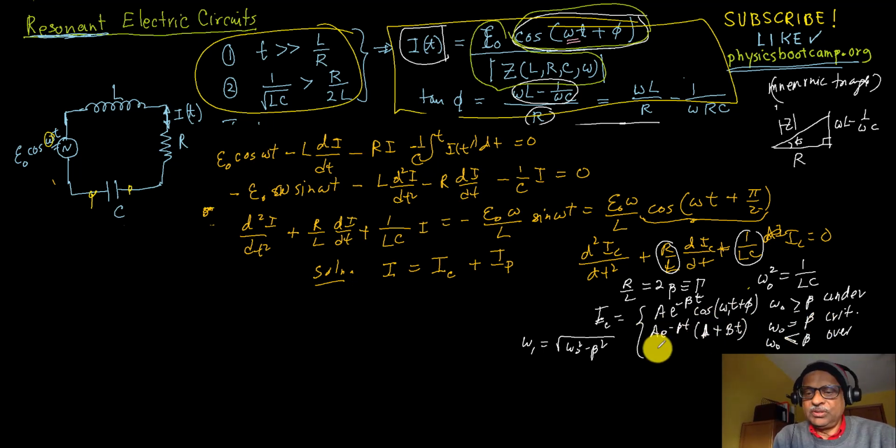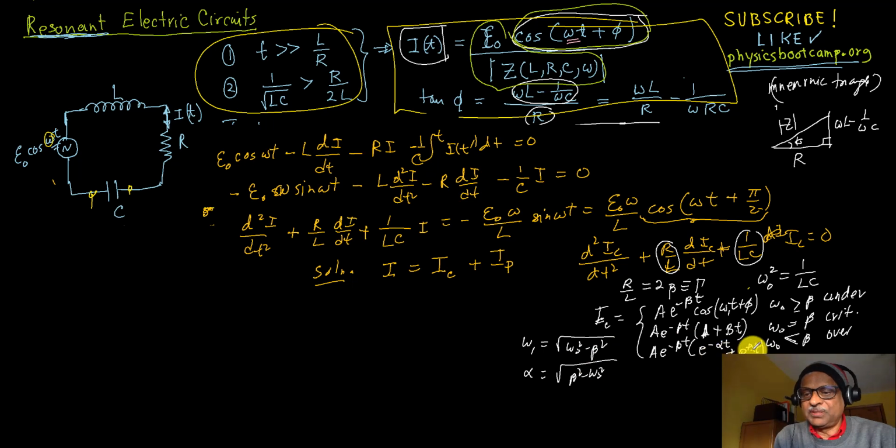And then you get a e to the power minus beta t times e to the power minus alpha t plus e to the plus alpha t, where alpha is the square root of beta squared minus omega naught squared. So this is also real.